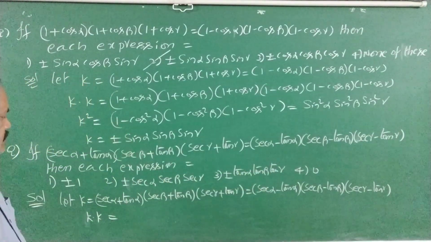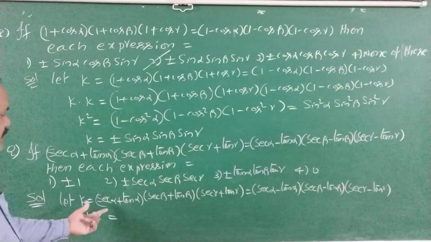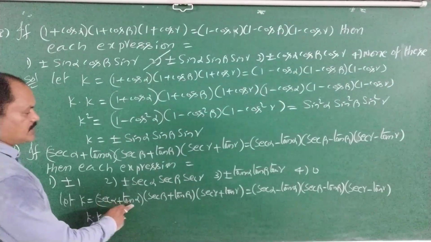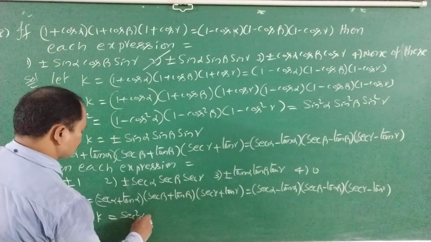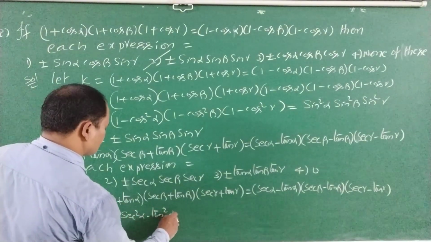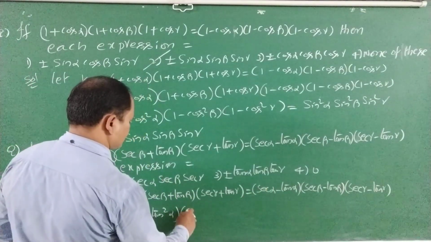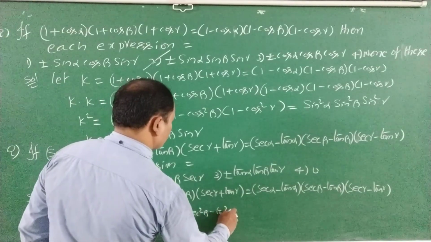Now same process. Here let us consider this is k. Now the product of them, each expression k into k. So observe, secant alpha plus tan alpha into secant alpha minus tan alpha is nothing but secant square alpha minus tan square alpha. Secant beta plus tan beta into secant beta minus tan beta is secant square beta minus tan square beta.